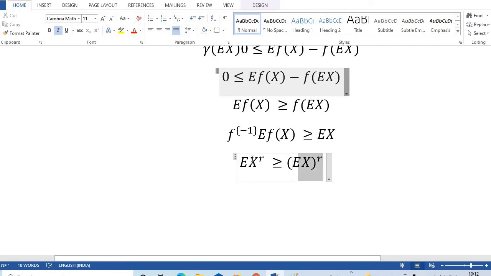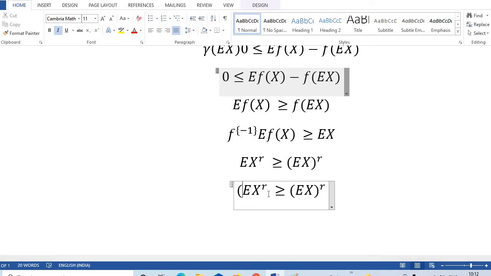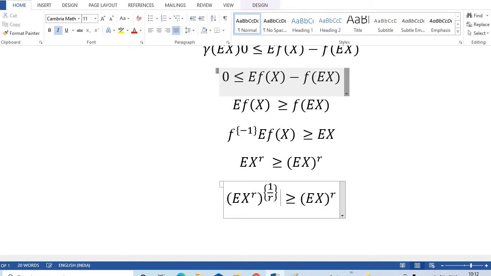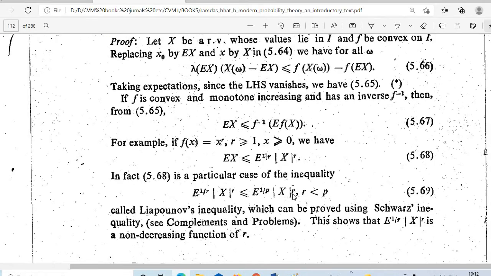So you can take the inequality again. This inequality we have already mentioned: the Lyapunov inequality 5.69.